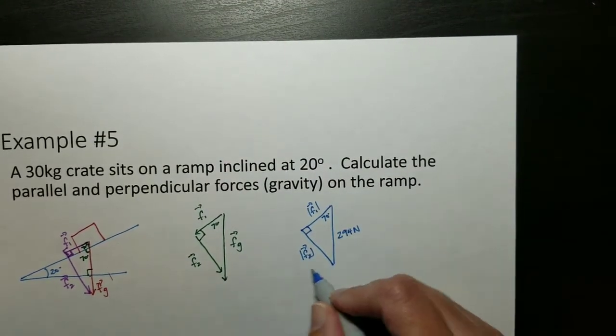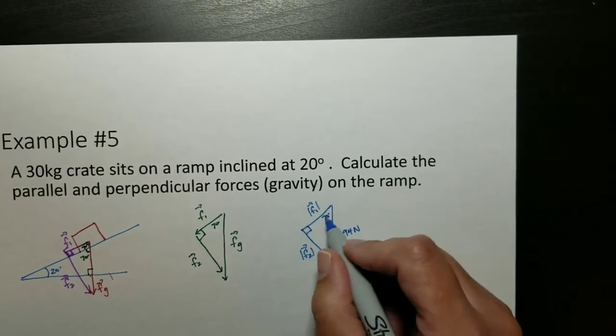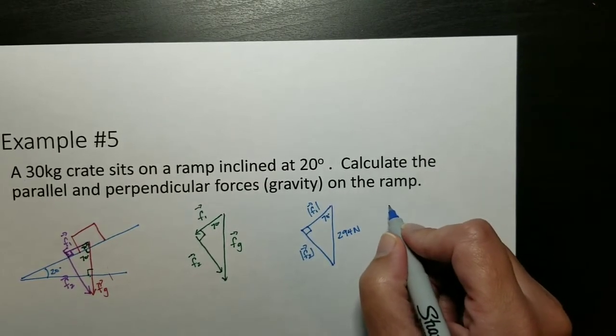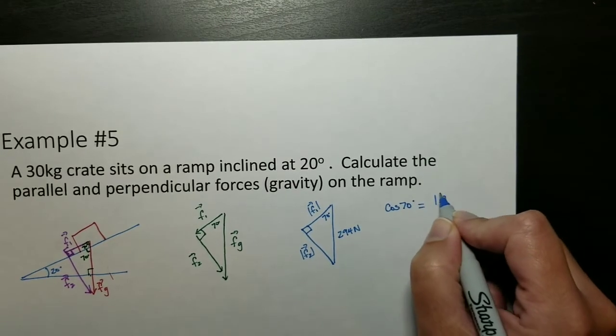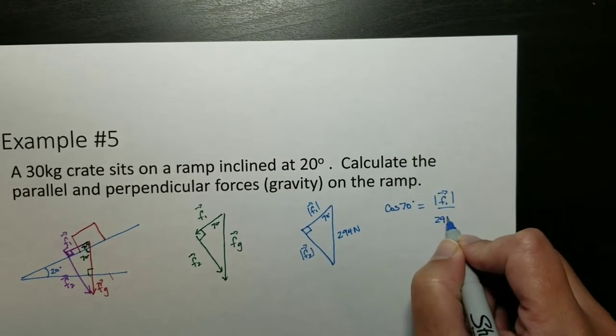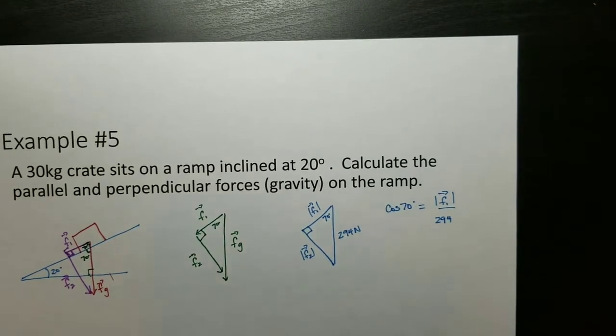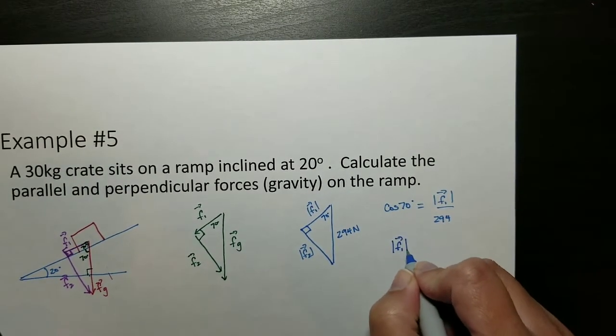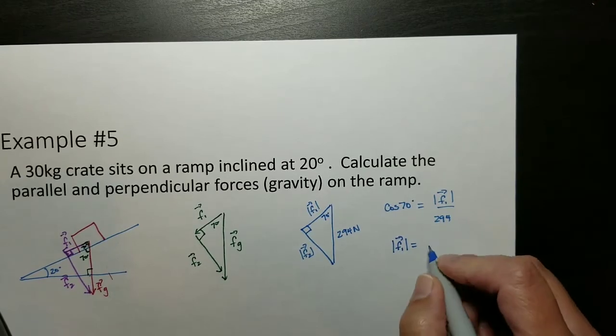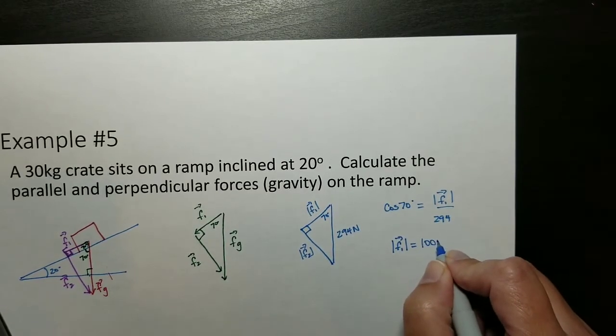So here we get cos for F1. So cos of 70 is the magnitude of F1 over 294. So the magnitude of F1 is 100.55 newtons.